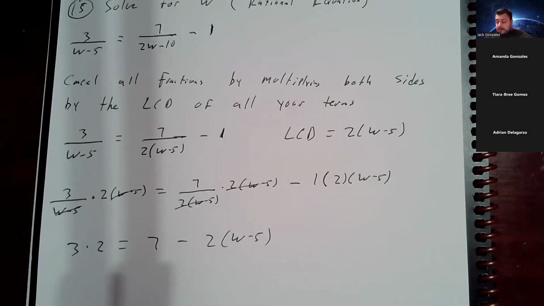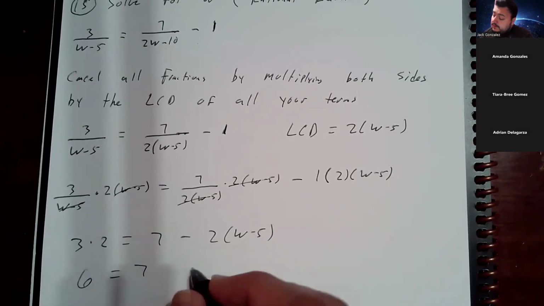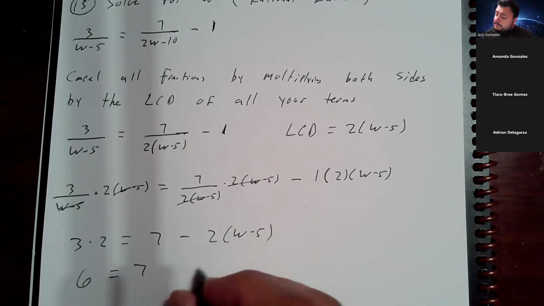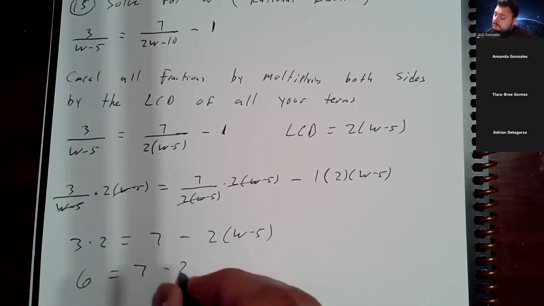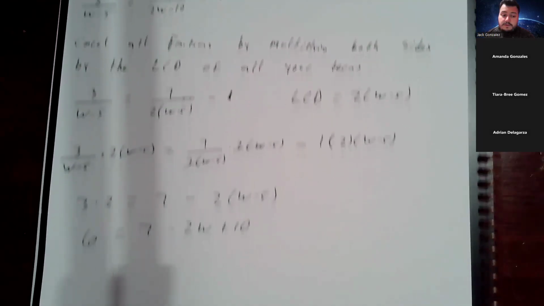Okay. So once the fractions are gone, this is just a basic solve for x kind of question, right? Just solve for w. So this becomes 6. Do your PEMDAS, right? Parentheses first. So negative 2 times w, negative 2 times negative 5, the positive.